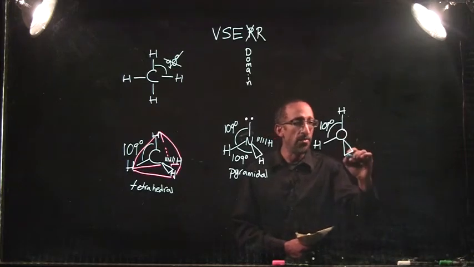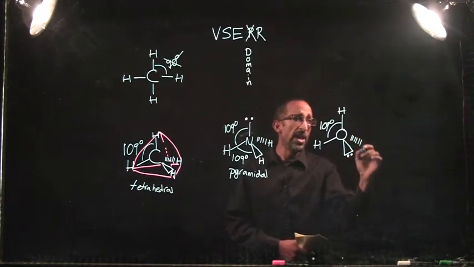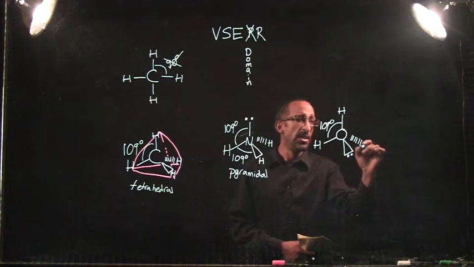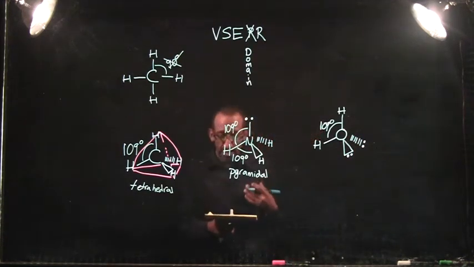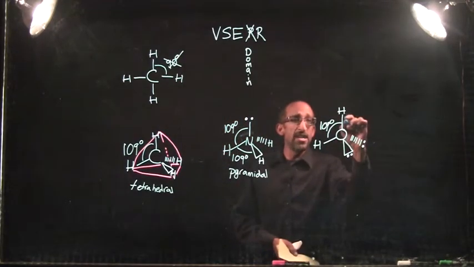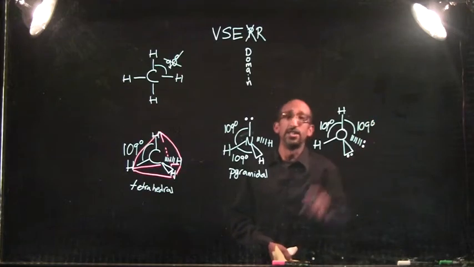So we'll see that we have 1 lone pair sticking out of the board towards you, and 1 lone pair coming behind the board 3-dimensionally towards me. And again, all of the angles between the electron domains are going to be 109 degrees.